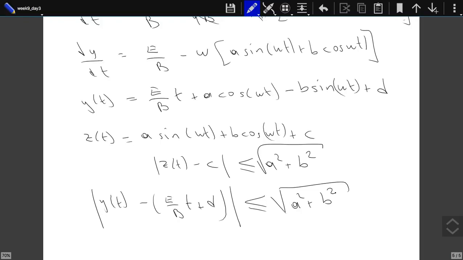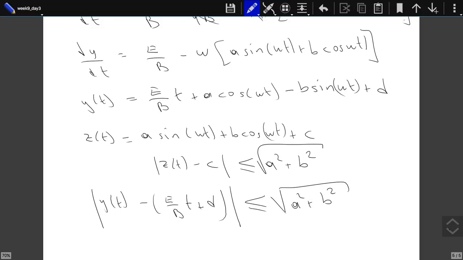So again this y coordinate oscillates, but this time it oscillates around this value. Well, this is some motion with constant velocity. So you have this center that is moving with constant velocity, and the y coordinate is just slightly deviating from this central value.